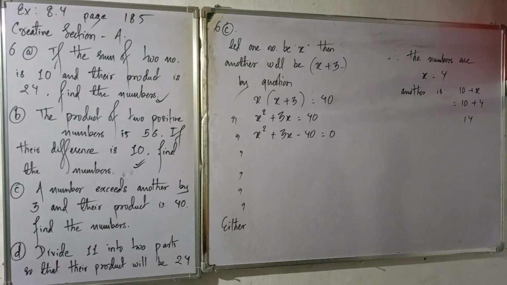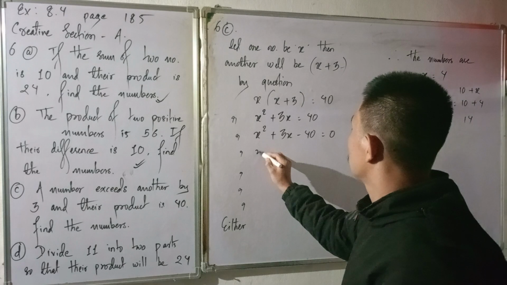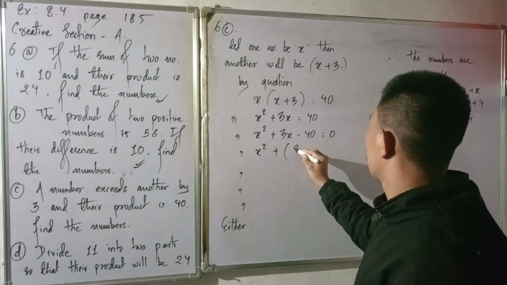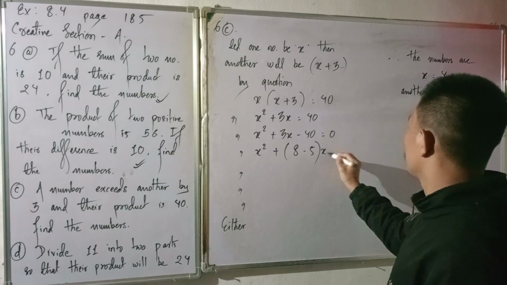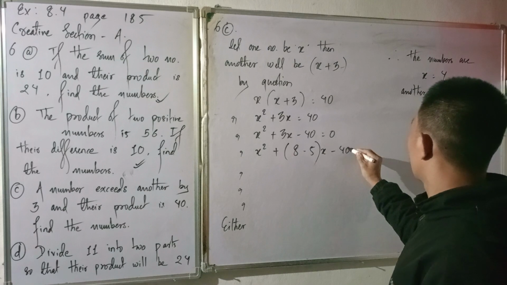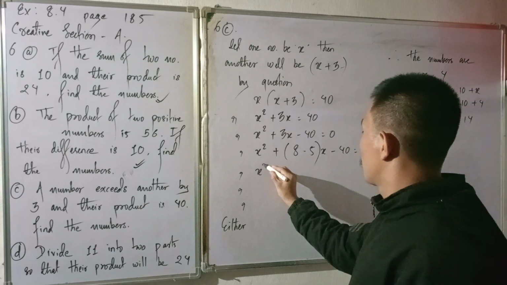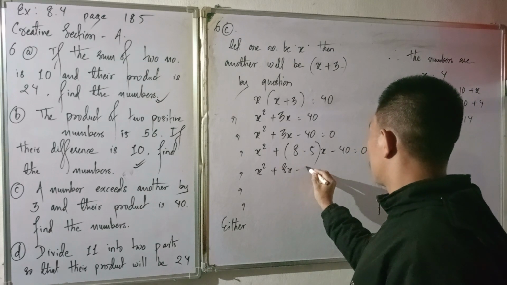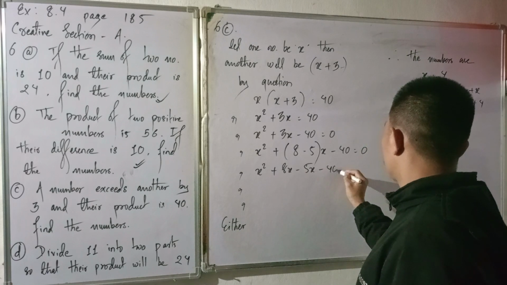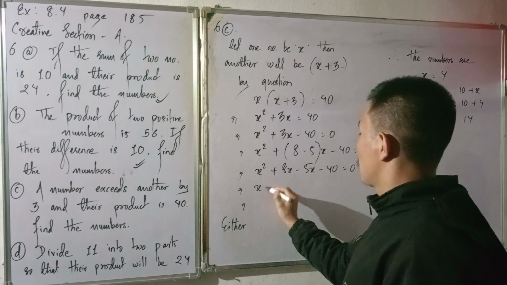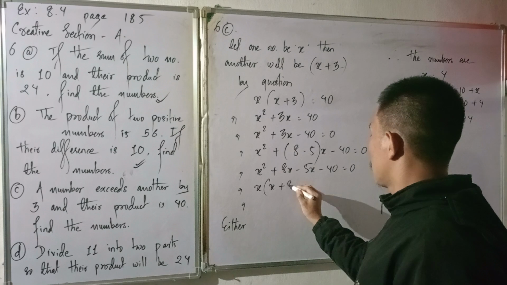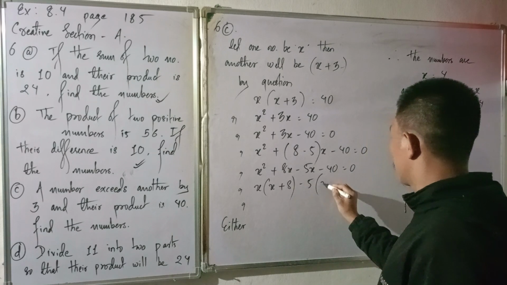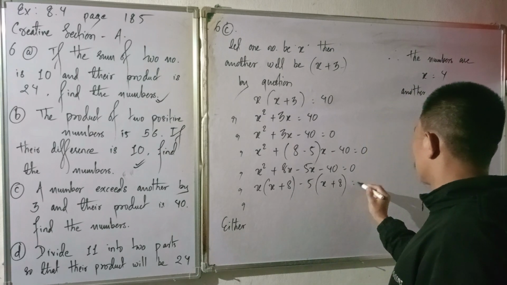Now you just factorize using the factors of 40: 8 times 5 is 40, and 8 minus 5 is 3. So x squared plus 8x minus 5x minus 40 equals 0, which gives x times x plus 8 minus 5 times x plus 8 equals 0.